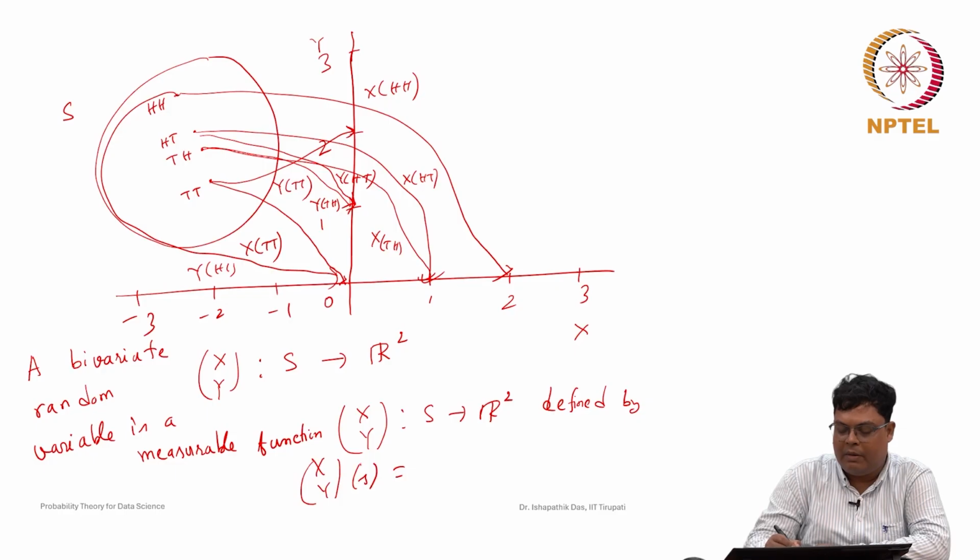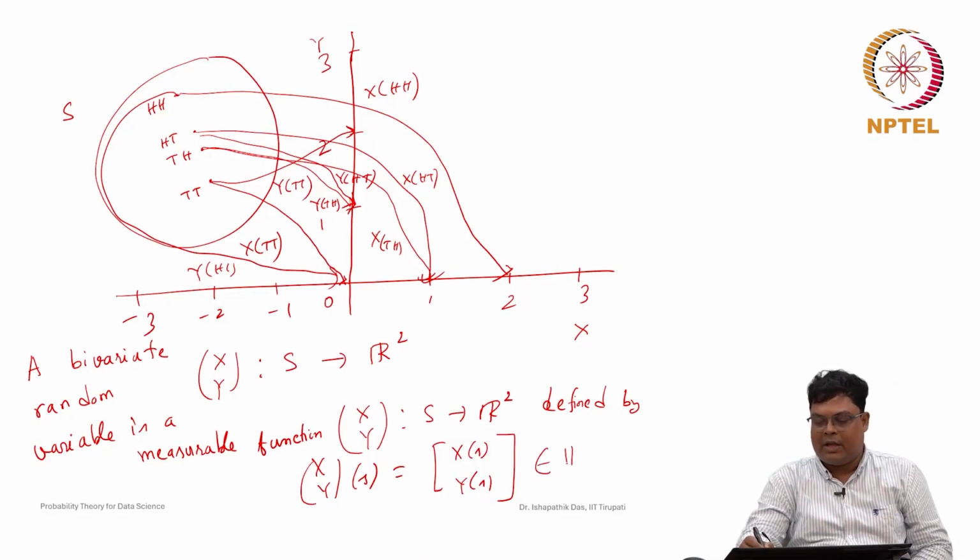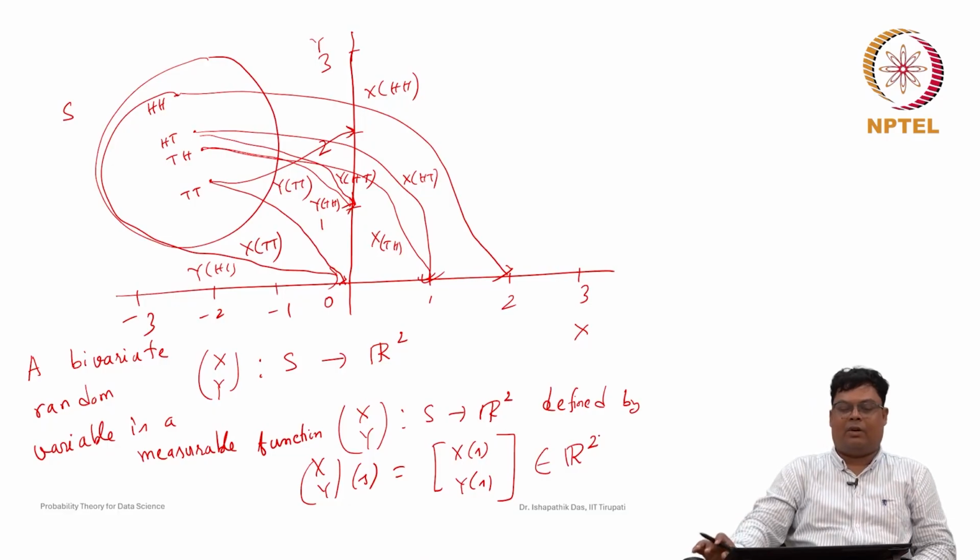So, it is a function from S to R2. Every s will map to R2. What will be the value? It is (X(s), Y(s)). X(s) is a real number, Y(s) is a real number. So, this is a vector in R2. This is called a bivariate random variable.